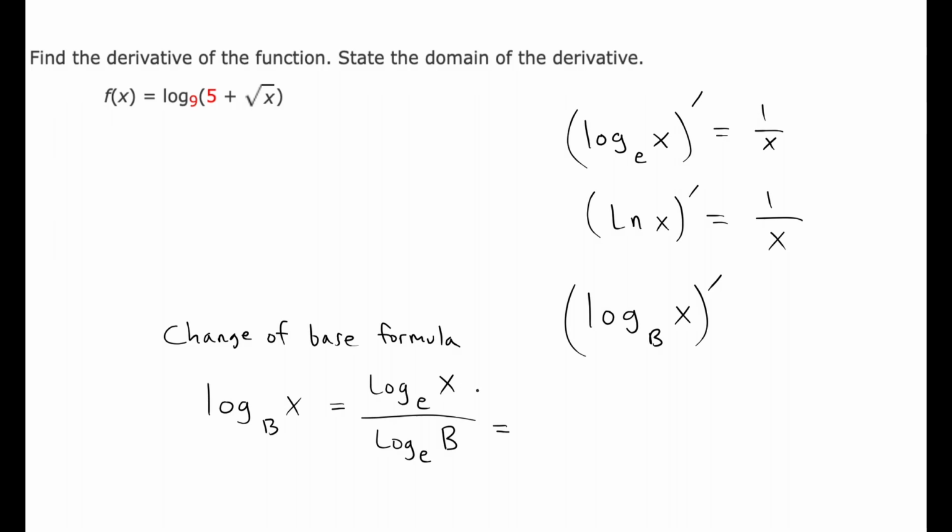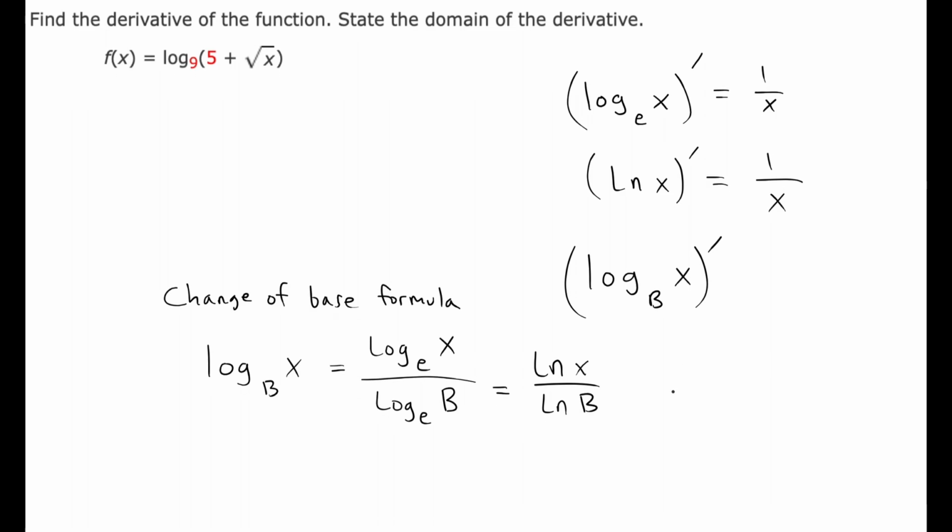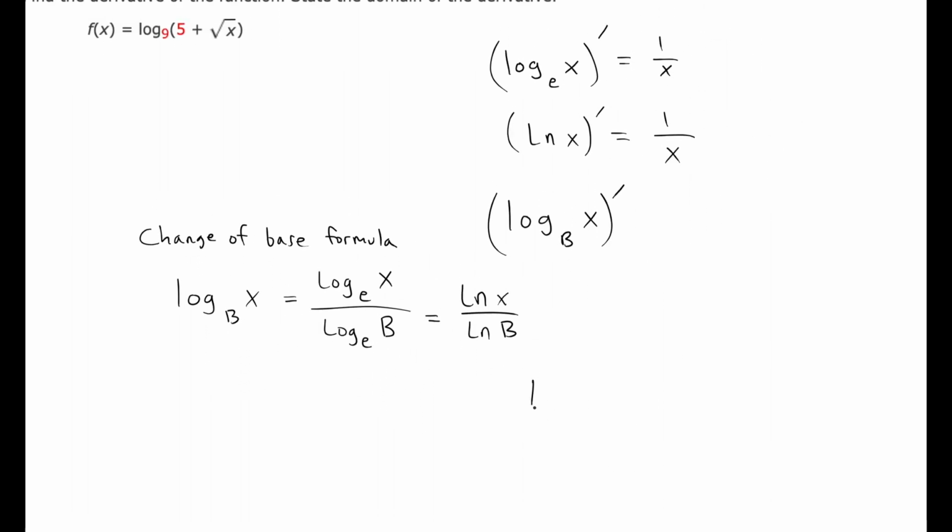So this translates to basically ln x over ln b. So we could rewrite log base b of x as ln x over ln b, and take a derivative of that. What would we get?